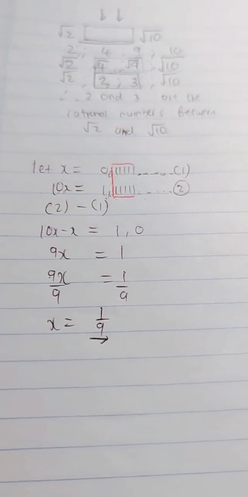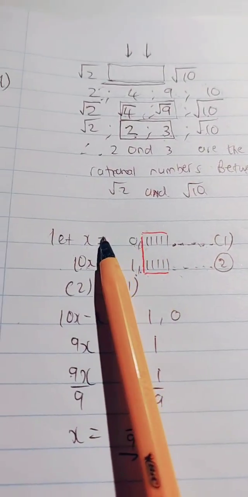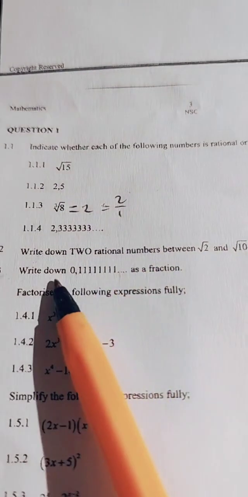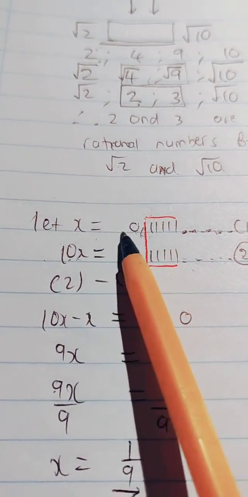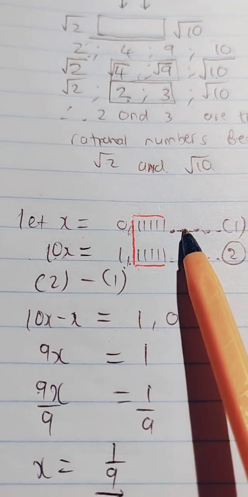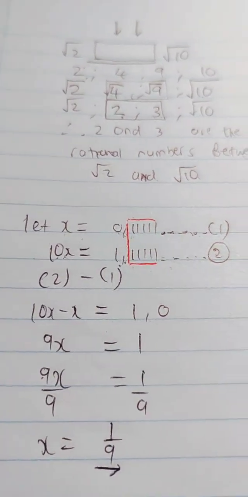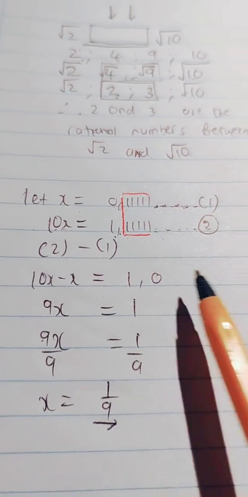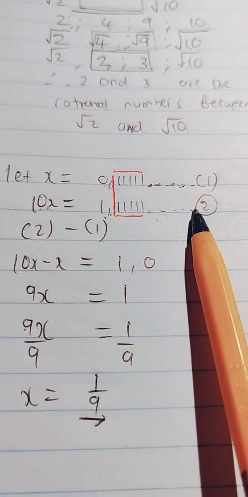And it's beautifully done. So that's all we do, guys. We look at the question, write this as a fraction, and set up an equation, letting x be equal to the decimal that has been given to us. Then we set up a second and sometimes even a third equation, so that we have two equations with the same numbers after the comma.